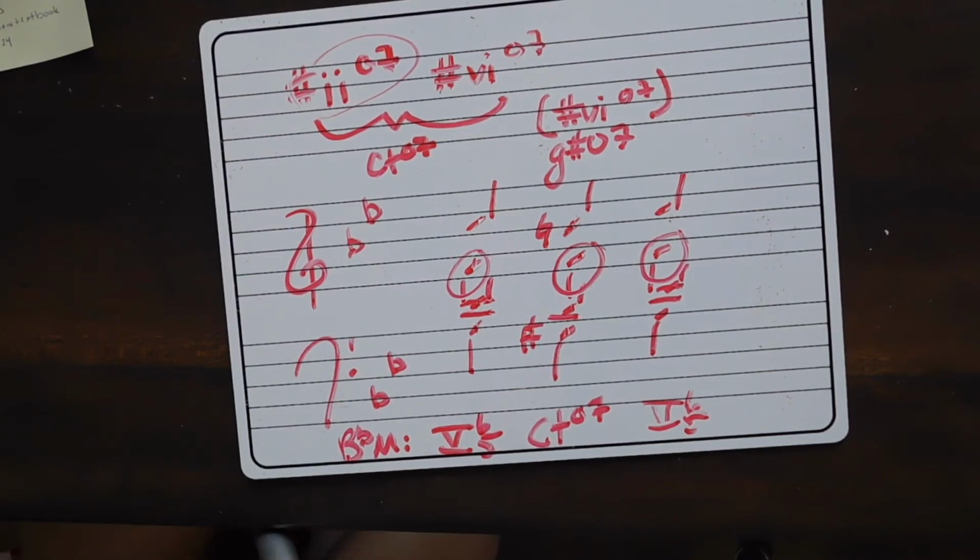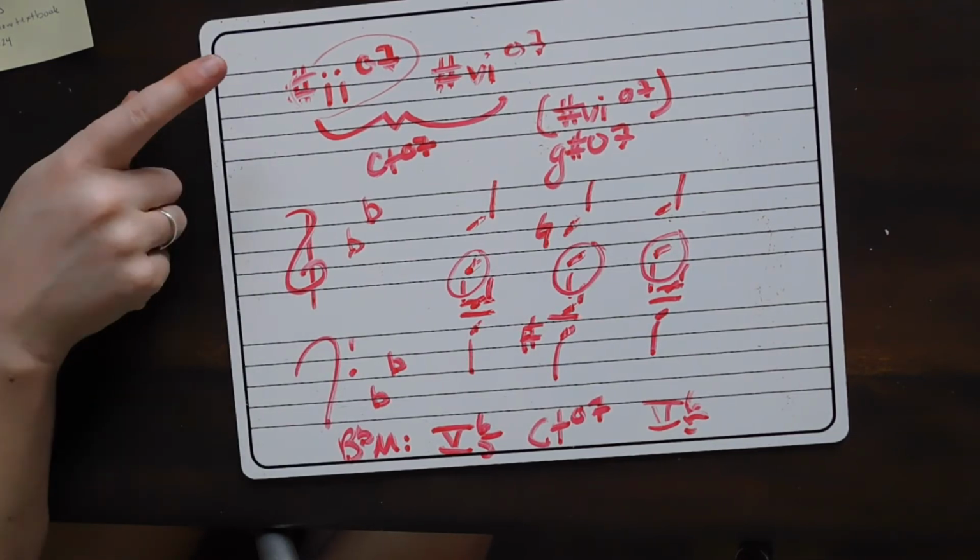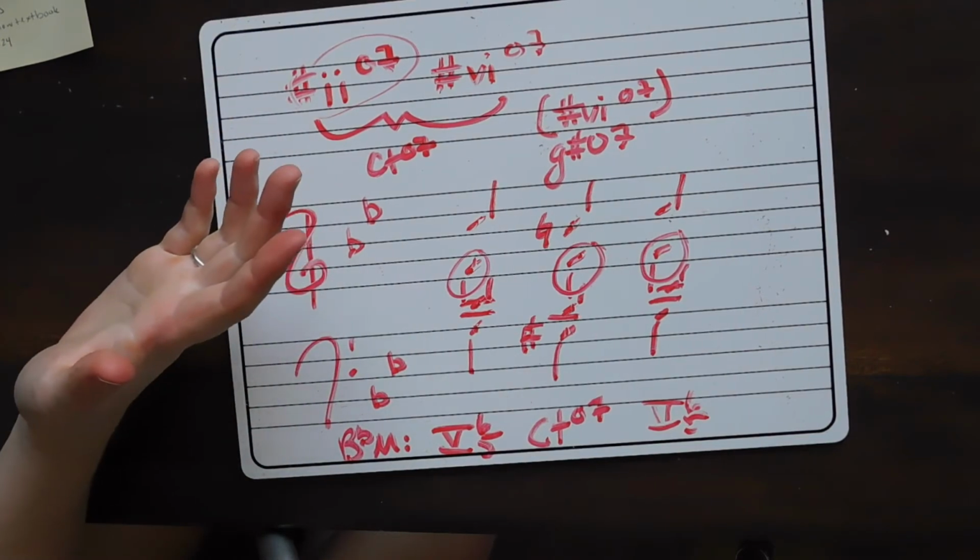So they're basically used for embellishment between a 1 chord and a 5 chord. Sharp 2 for a 1, sharp 6 for a 5. You might still find other ones, but for the most part, those are the 2 kinds that you're going to see the most. If you see a fully diminished chord resolving to a 1, it's probably going to be this, unless it fits in the key.